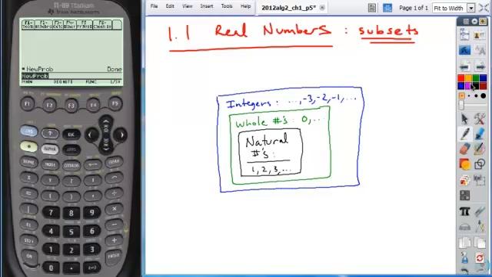And once you get to the set of rational numbers, which is kind of the next set, rational numbers are the set of numbers that can be expressed as the ratio of two integers.